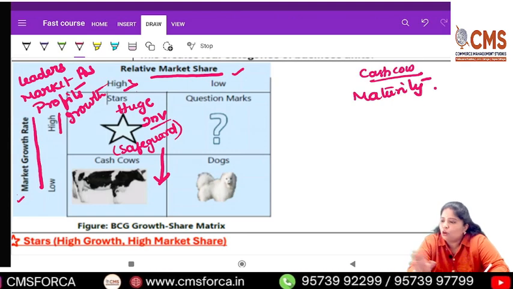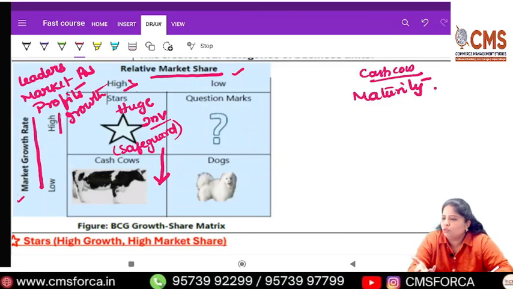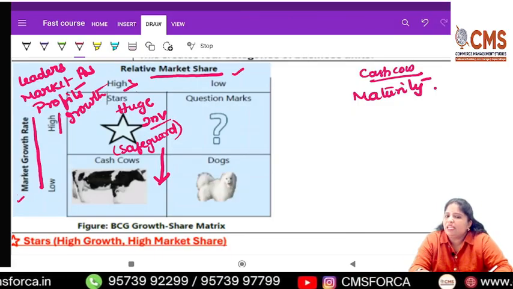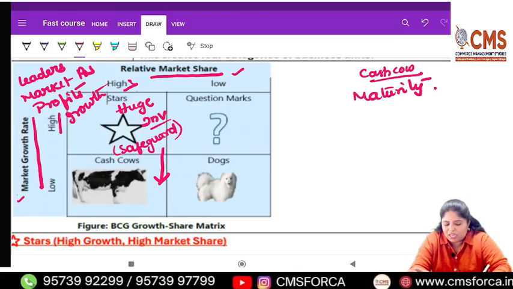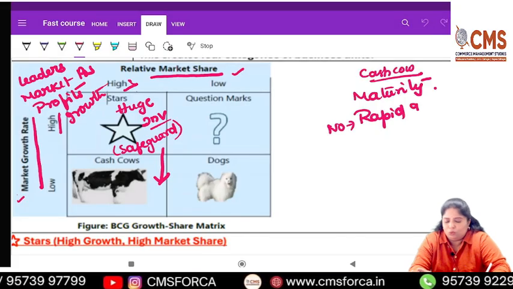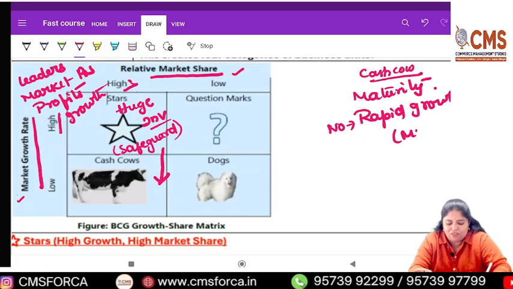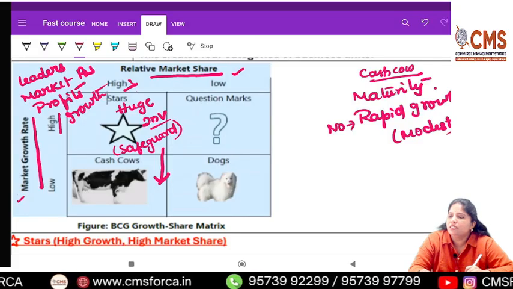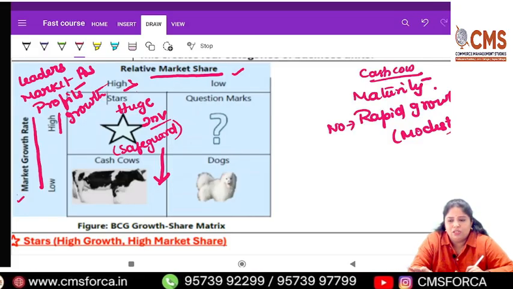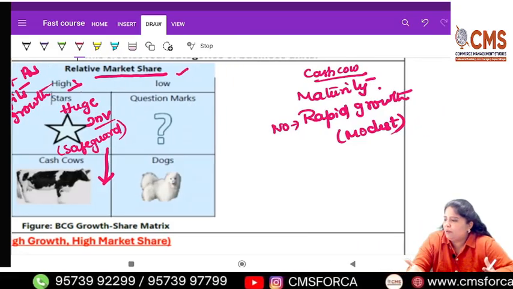Further rapid growth won't be seen. You can't ensure a rapid, dynamic growth from there on. There will be growth, but the growth will be very, very modest. Modest growth, but no rapid growth and no major profits can be ensured.